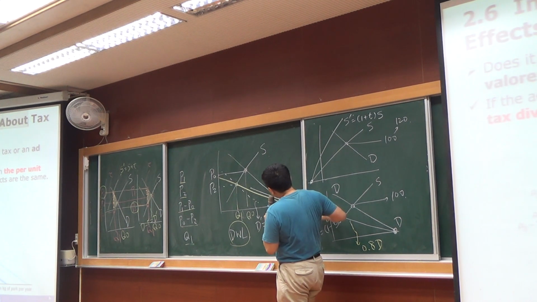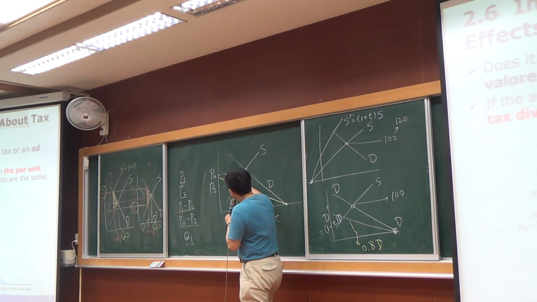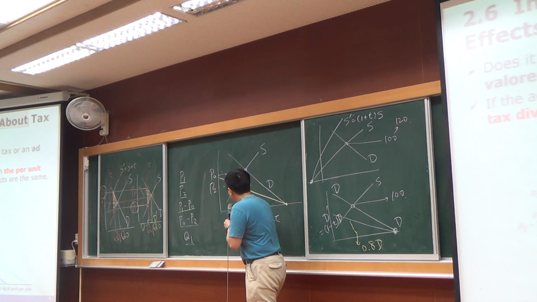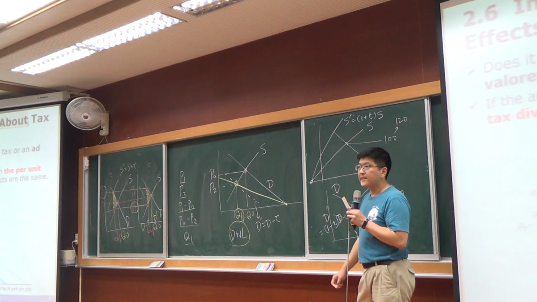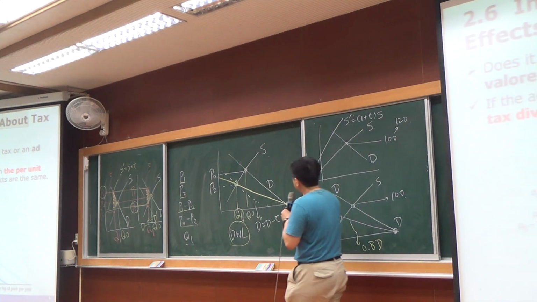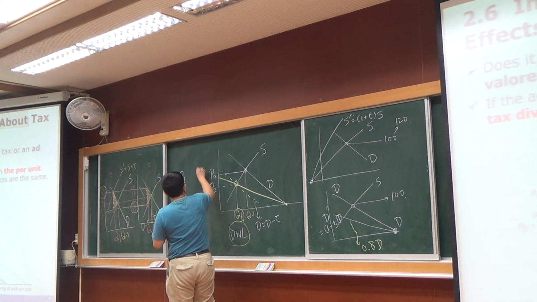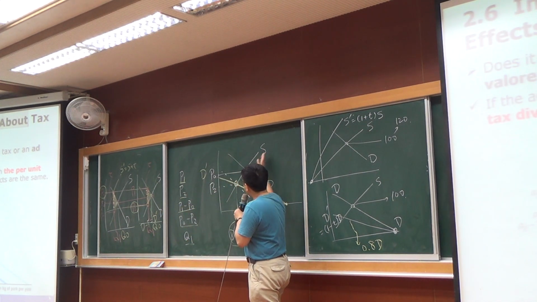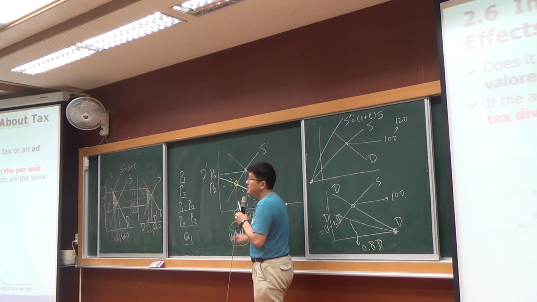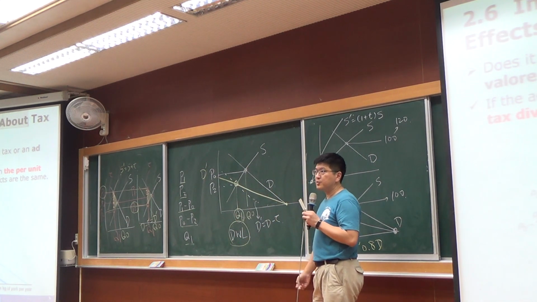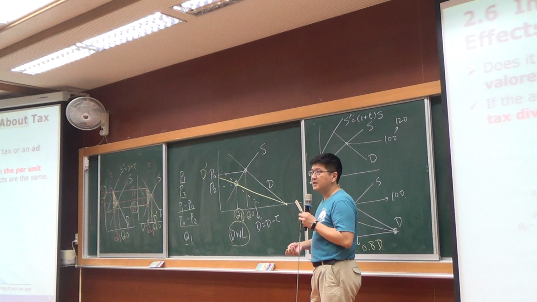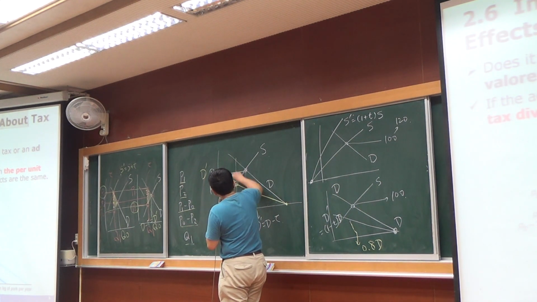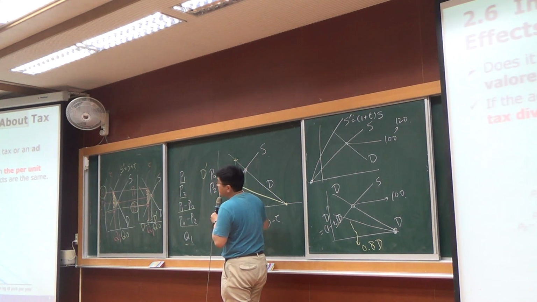So this straight line may go through the same point corresponding to Q1. The new demand curve, D prime, may cut S at the quantity Q1, which means the same effect, right? And the tax size would be the same.